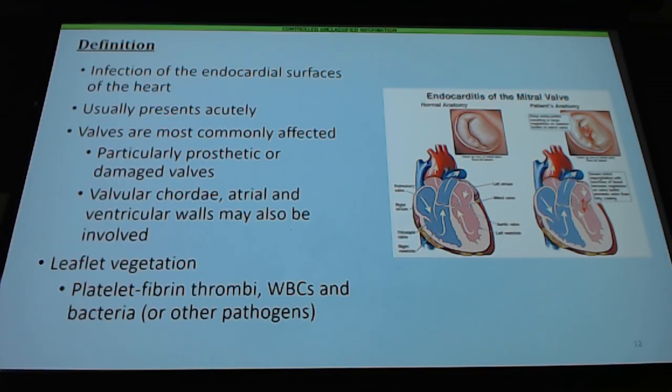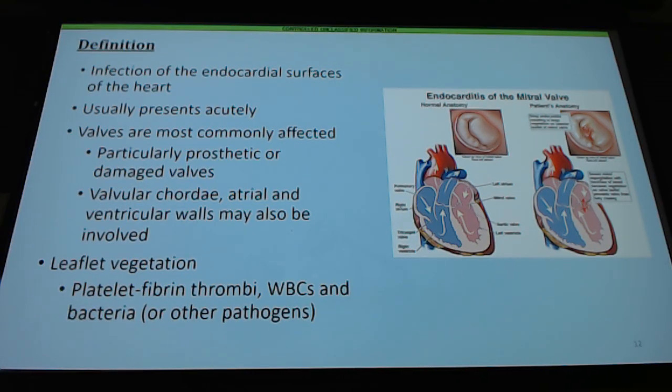It preserves the function of not only the muscle, but also the blood vessels providing blood into the myocardium, and it also provides that barrier to protect the conductive system so that you have a normal electrical conduction. Well, what happens if this layer becomes damaged, infected, inflamed?